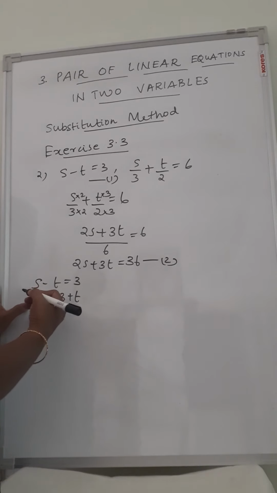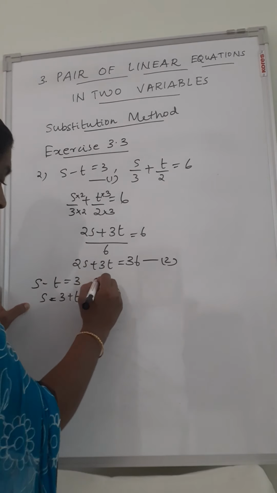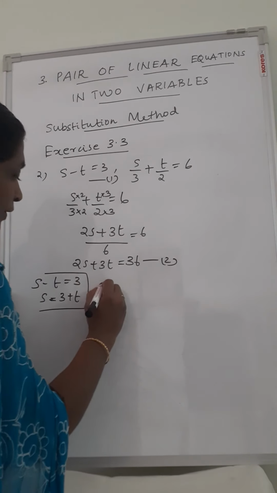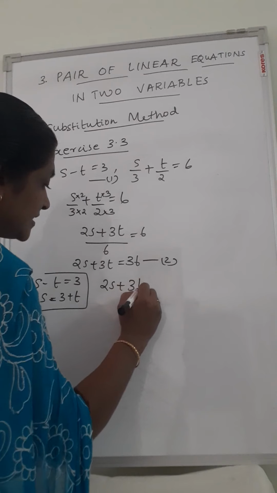Substitute the value of s in equation number 2, that is 2s plus 3t is equal to 36.